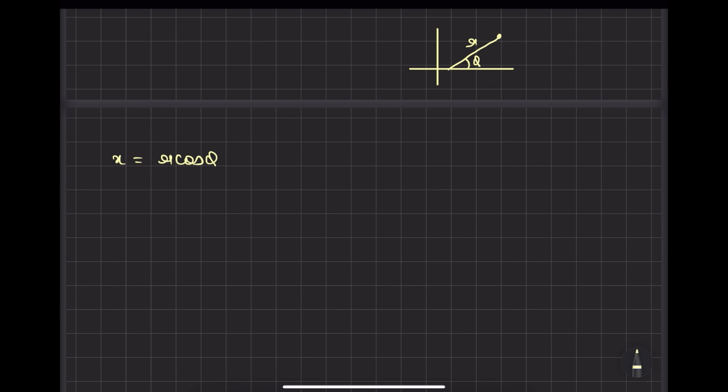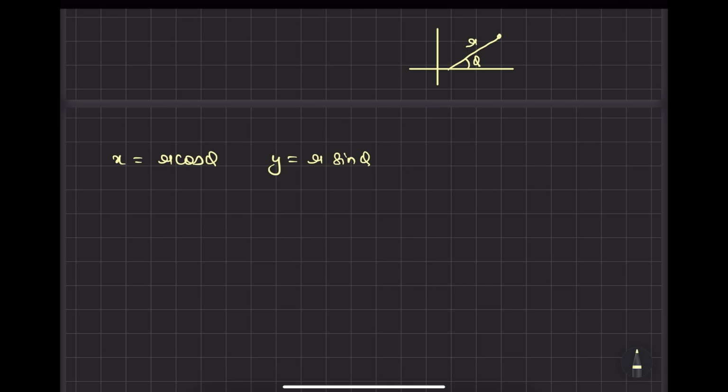So we used to take the x coordinate as r cos theta and the y as r sin theta. Correct? Now, first, you have to use either sine square plus cos square equals 1, or sec square theta minus tan square theta equals 1.